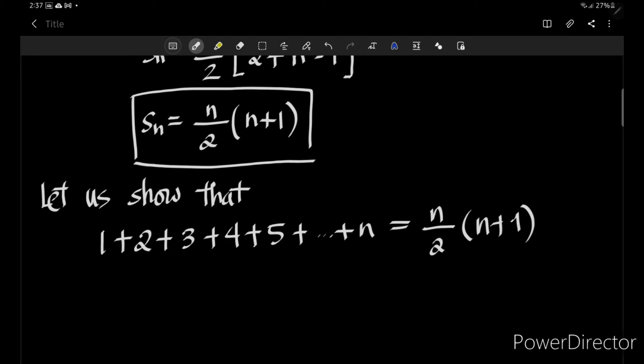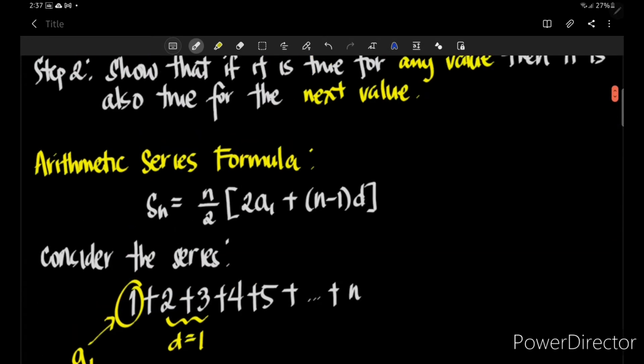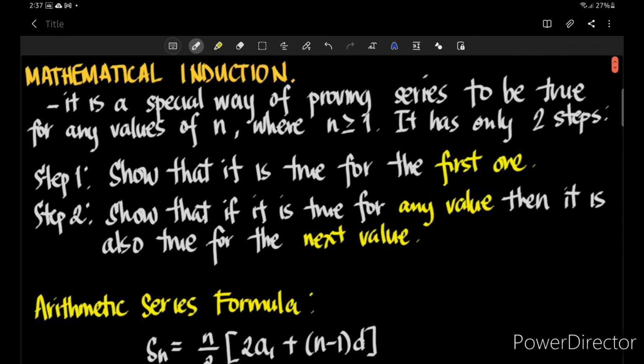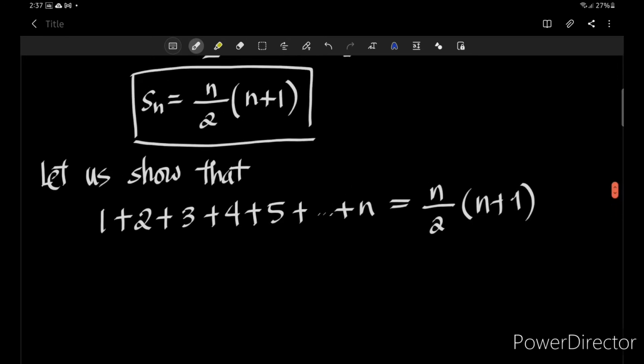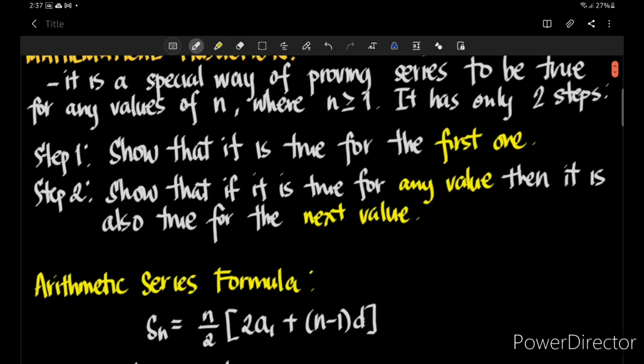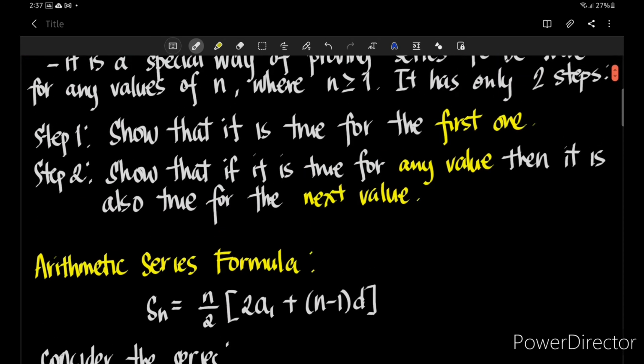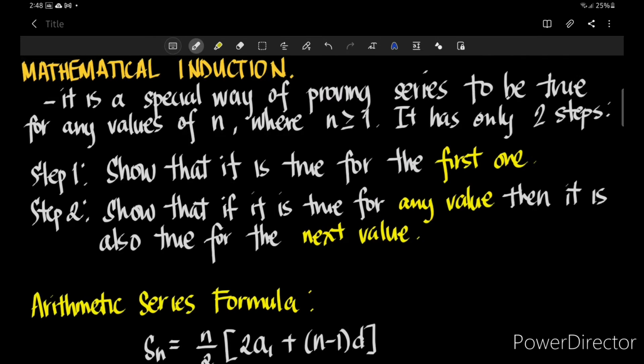Okay. Dito, papasok yung ating mathematical induction. Paano natin ipapakita na ito ay equal lang naman sa isa't isa? Una, ang sabi sa ating definition ng MI or mathematical induction, show that it is true for the first one. So, ililet lang natin na 1 yung variable n.